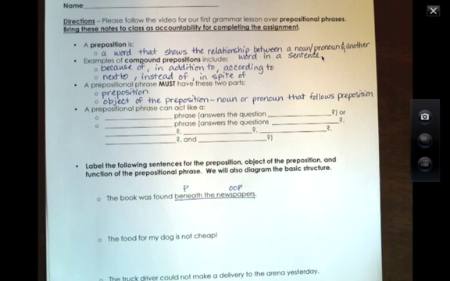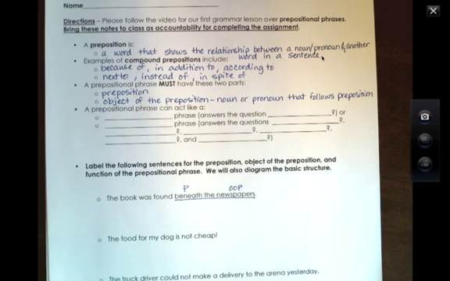Now, we need to know where our prepositional phrases are in our sentences because they function in two ways. This is really important when we diagram them because we want to make sure that we're diagramming these prepositional phrases in the right position. So we need to know the two functions of a prepositional phrase.